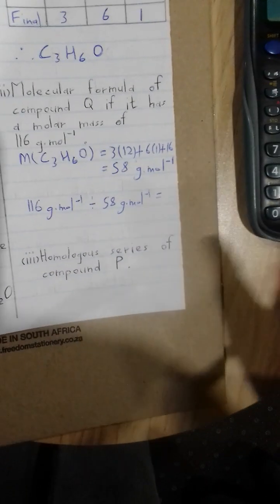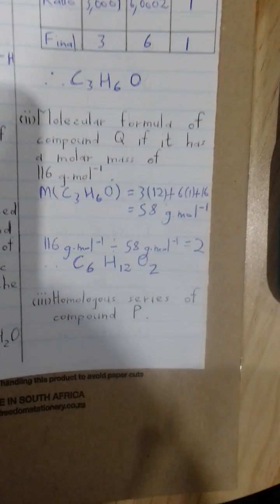So 116 grams per mole divided by 58 grams per mole is 2. So it means we multiply everything by 2. Therefore the molecular formula is C, 3 times 2 is 6, H, 6 times 2 is 12, O, 1 times 2 is 2. Okay, I hope that makes sense.